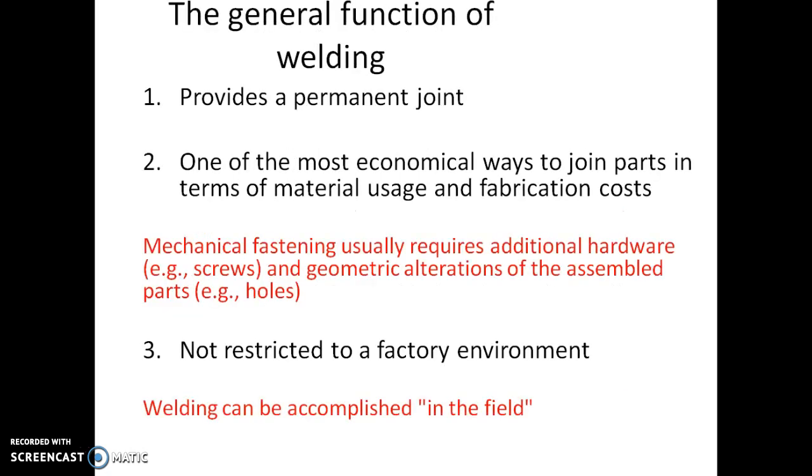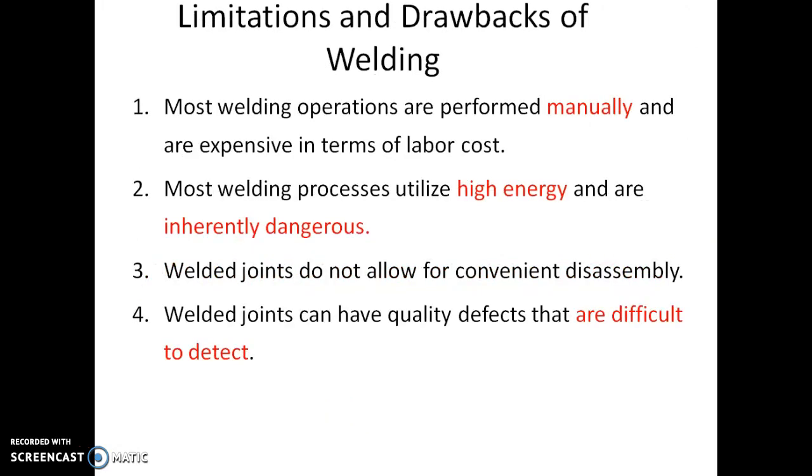What are the general functions of welding? Welding provides a permanent joint, it is economical, and it is handy. You can move from one position to another, and there is no restriction of the factory environment. What are the limitations of welding? Most welding needs to be done manually, and it is expensive in terms of labor cost.